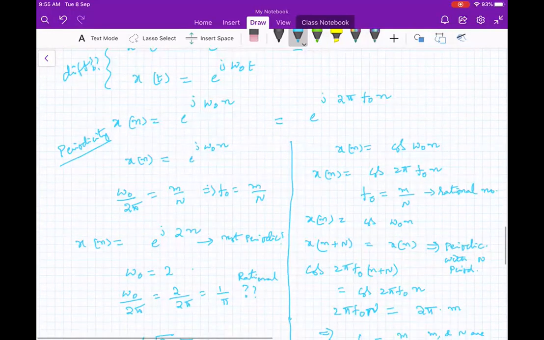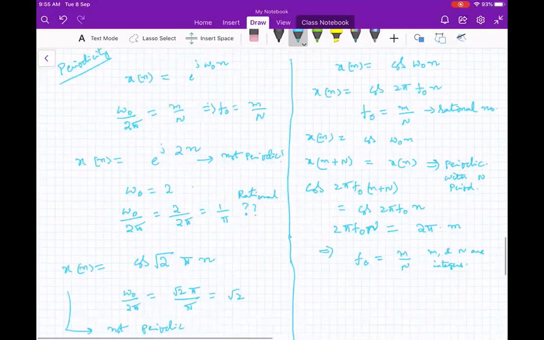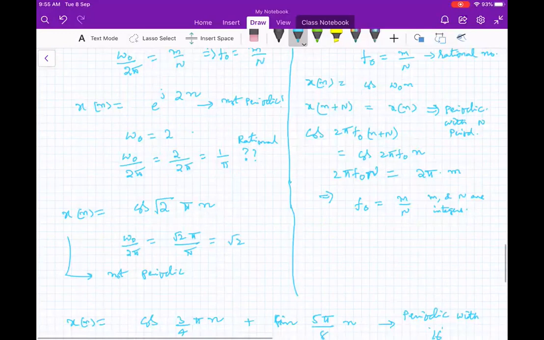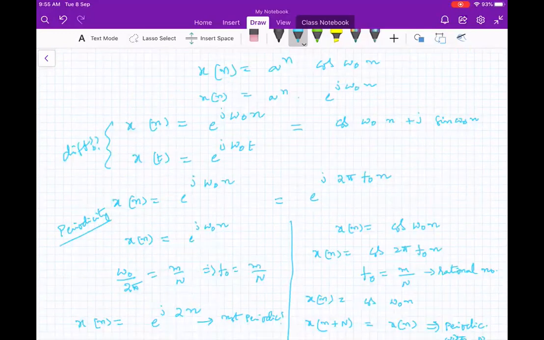I guess no. It will repeat after f naught becomes f naught plus 2 pi. Whenever you get an omega naught with plus or minus 2 pi k, you will get the same exponential signal again. So you can only get a limited range of frequencies.